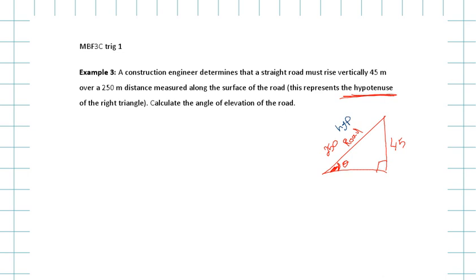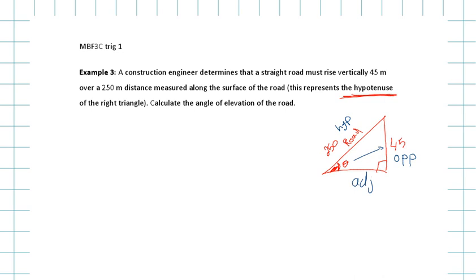The 45 is the opposite, sorry, opposite, across from the angle. Once the angle is shown, then you can determine where the opposite is, and then the remainder is the adjacent. So, I know the hypotenuse, I know the opposite.